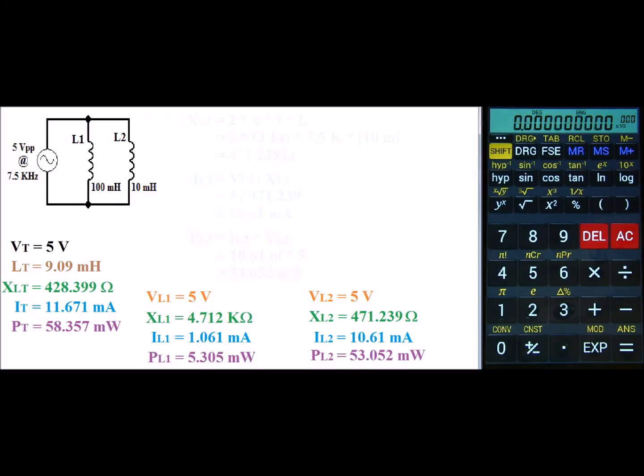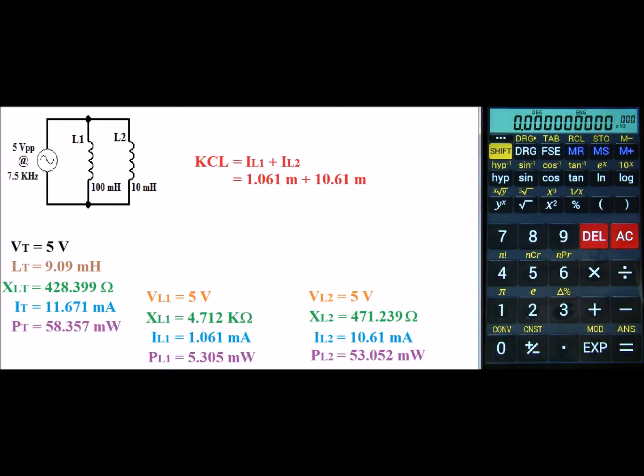So let's check our values with Kirchhoff's current law. Kirchhoff's current law states that the current through L1 plus the current through L2 must equal the current total. So the current through L1 is 1.061 milliamps, and the current through L2 is 10.61 milliamps.